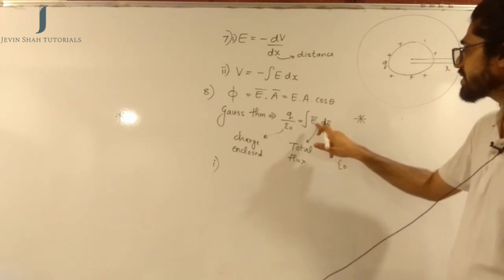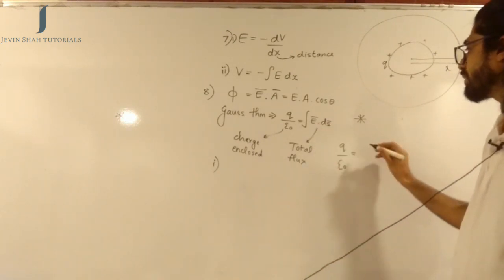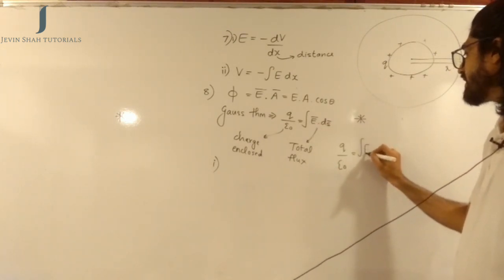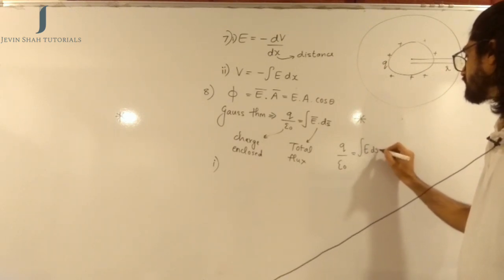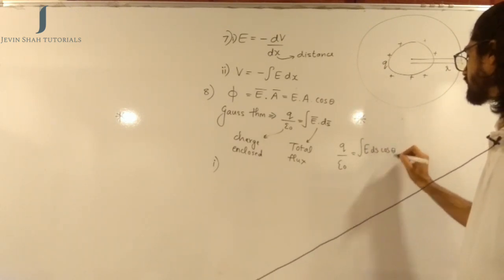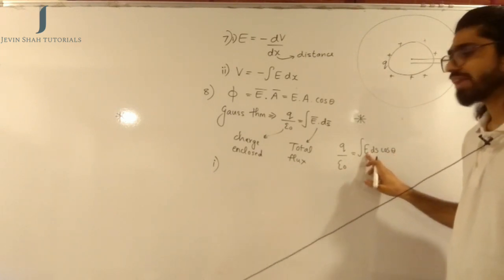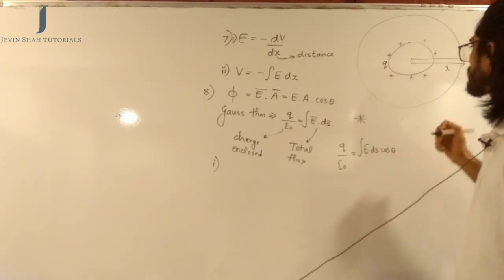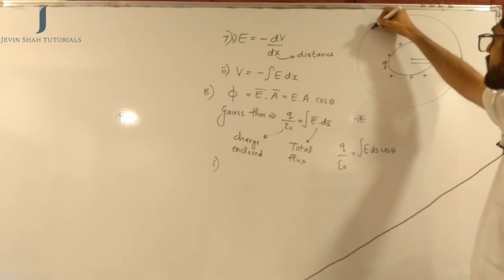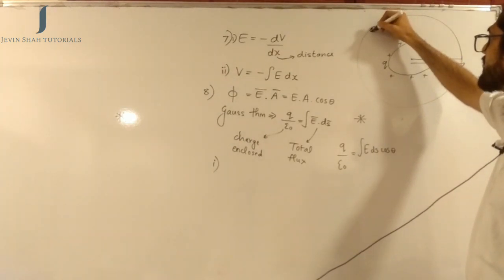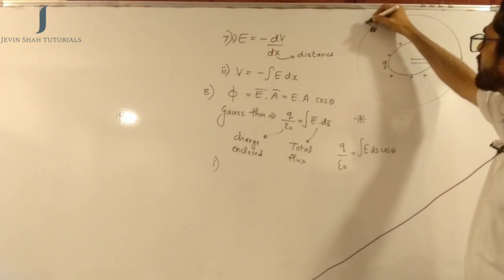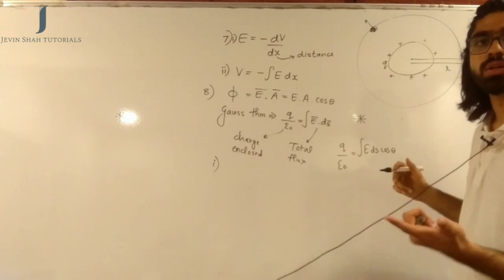The flux through the surface is integration of E bar dot ds bar. So that will be integration of E ds cos theta. Now theta was the angle between E vector and the area vector. So say for example, take this point. Say for example, the area ds was here. The area vector will be perpendicular to the surface.